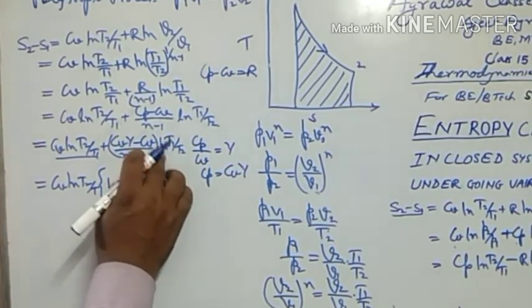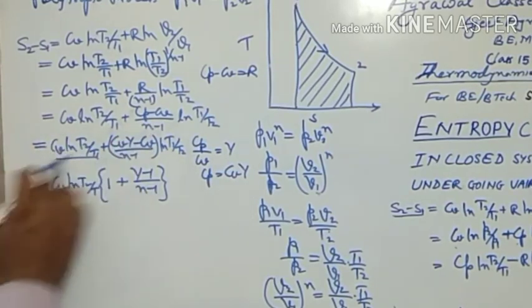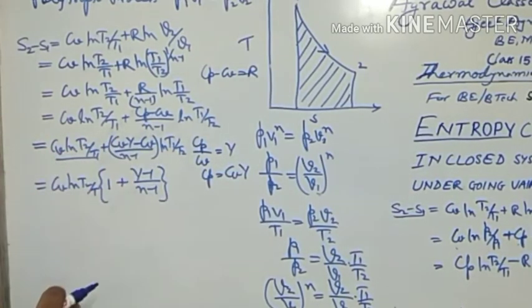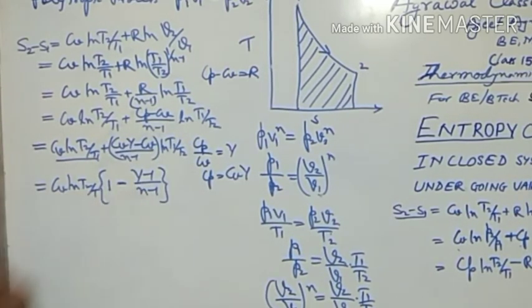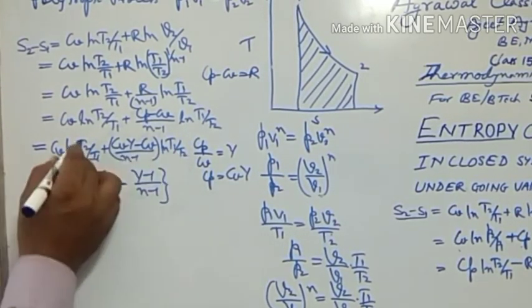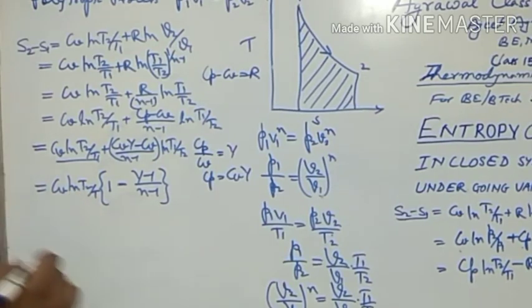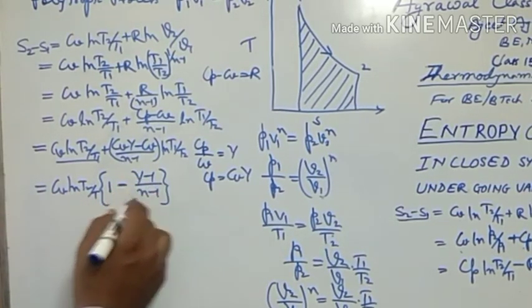Here we are taking Cv common and log T2 by T1 common. So when we take this as common, here it will come as a negative sign, because it is T1 by T2, and here we are taking T2 by T1 as common. So it becomes a minus sign with gamma.